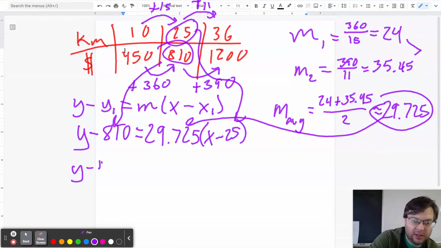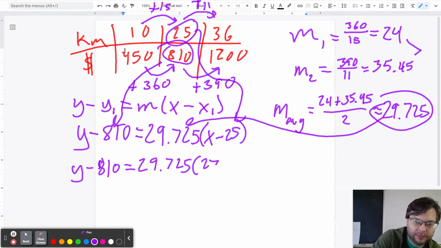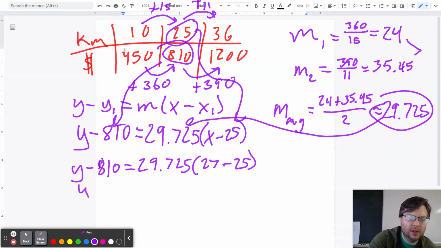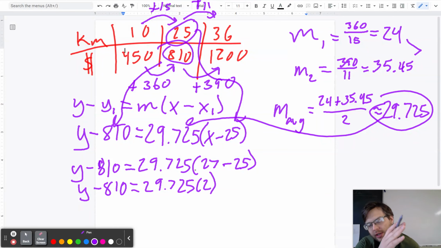So we'll do 27 kilometers first. I just replace the letter X with 27. And you can see really intuitively what I'm doing is I'm taking the slope and multiplying it by 2 because 27 is 2 kilometers further than the value I had before.